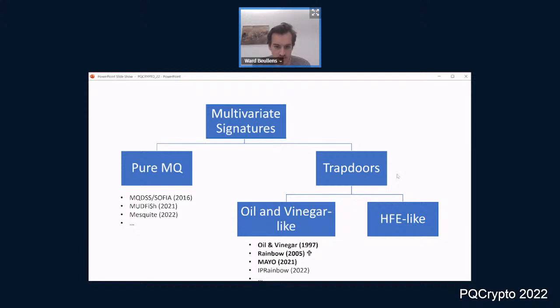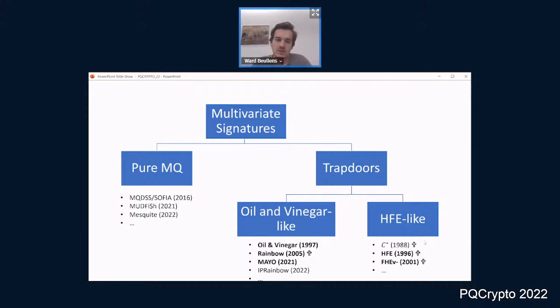And then lately there's Mayo. And yesterday we heard about IP Rainbow, which also fits in this family. And then the other family is hidden field equations-like signatures, or maybe I should say C-star-like, because C-star was the first scheme in this family. These have a much stronger algebraic structure. Typically your multivariate map encodes some kind of univariate polynomial over a big field.